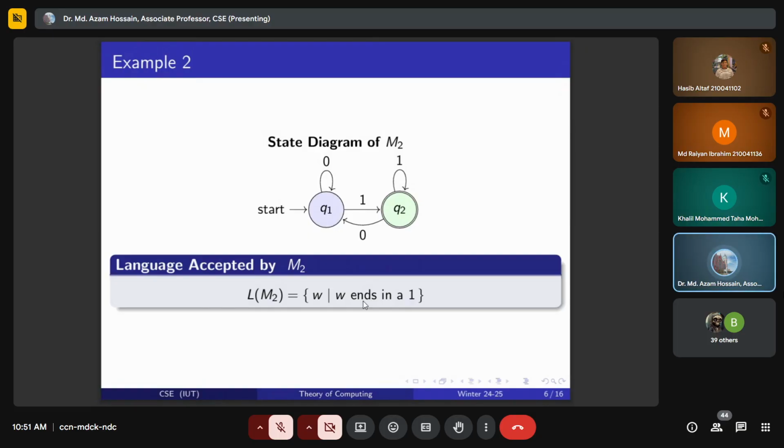This is the correct one. This one is almost the same as the previous one, but it's different. I have drawn it here with two states. W ends with one. Definitely, it ends with one.